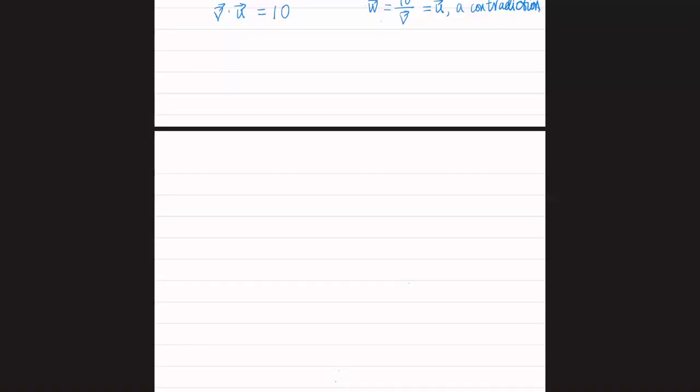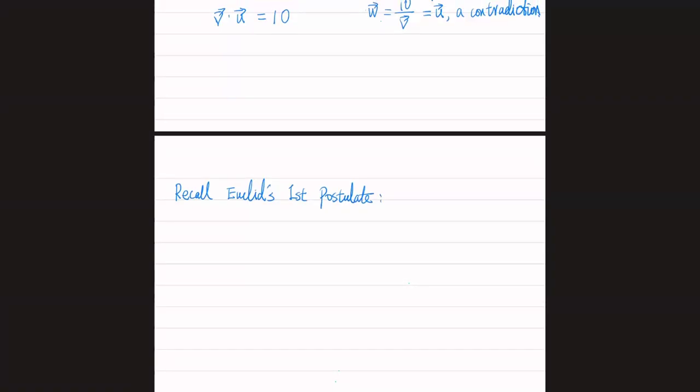Next, let's recall the first postulate of Euclidean geometry. What's the first postulate? You have five of them. Who remembers this?